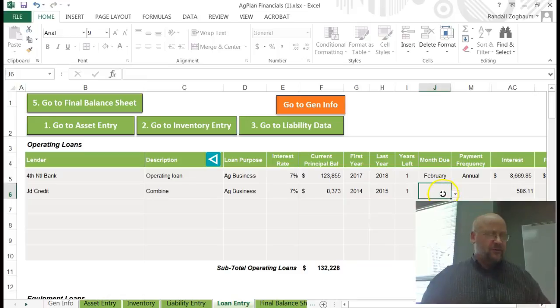I have to figure out why that's going. I'm not sure. This one has a month due July. If you look down at the notes there, it says they do this as biannual.